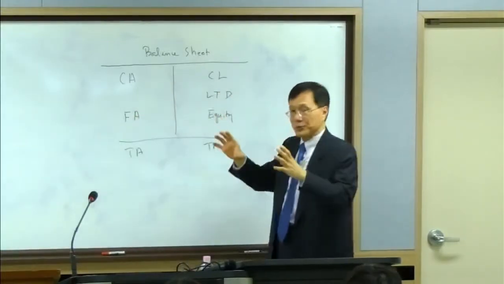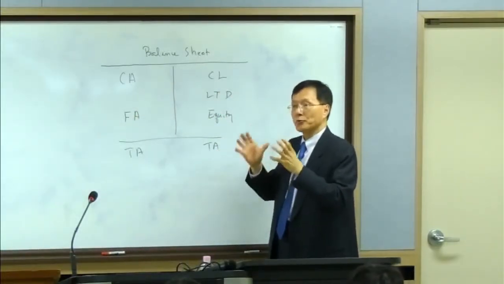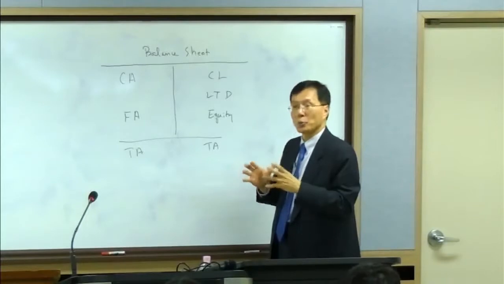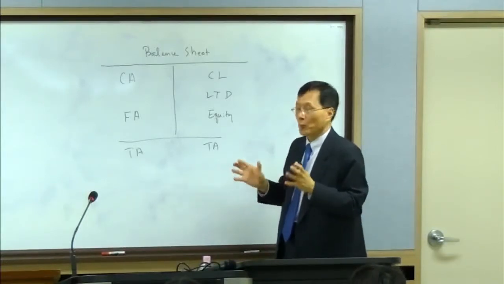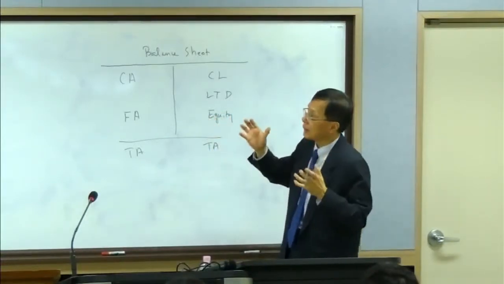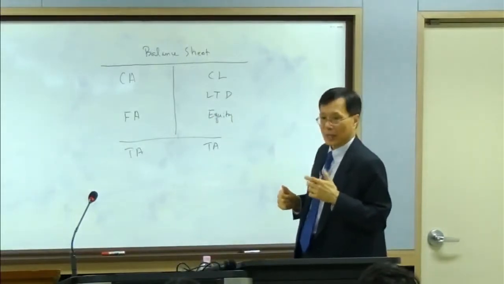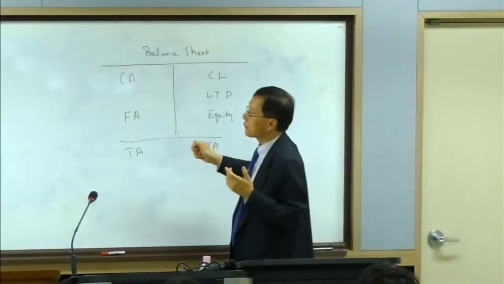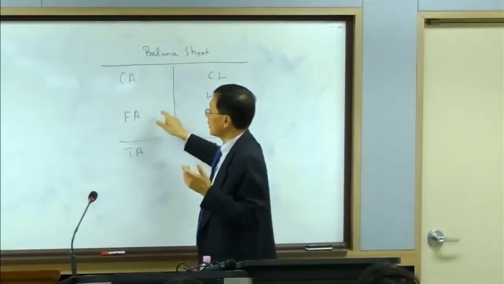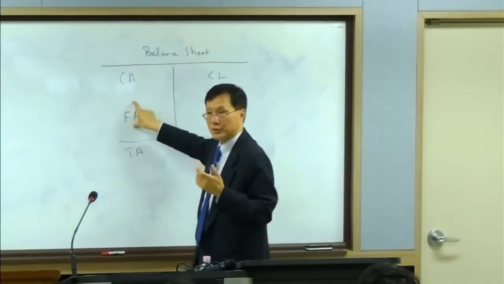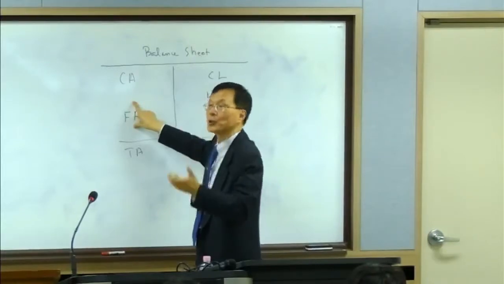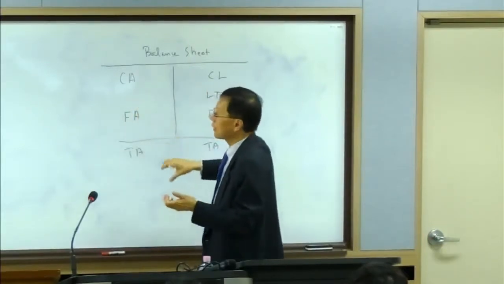And this process involves all four functions of corporate finance, financial management. One is capital budgeting. By capital budgeting will determine how much of fixed assets and what kind of fixed assets you are going to have in the future.